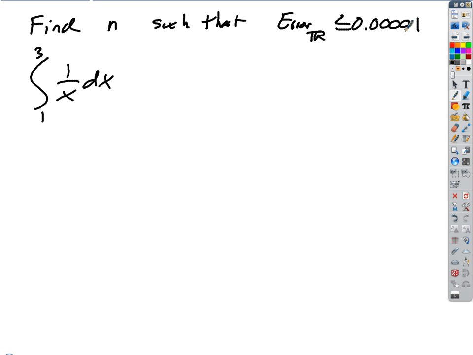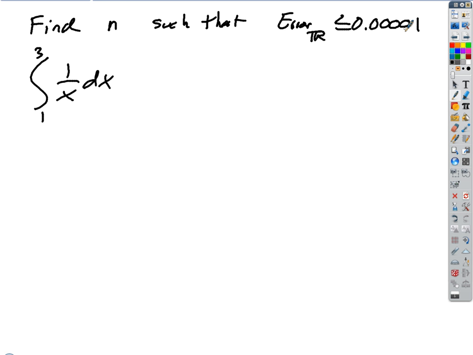So we're not even really doing the trapezoidal rule yet. Right now we're just trying to find the number of trapezoids. You remember the formula that we got to. It's something like B minus A to the third over 12N squared. There you go.